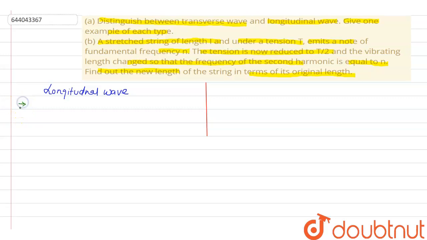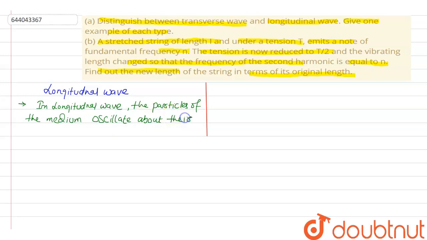We define longitudinal wave as: in longitudinal wave, the particles of the medium oscillate about their mean position in the direction, or we can say along the direction, of propagation of wave.